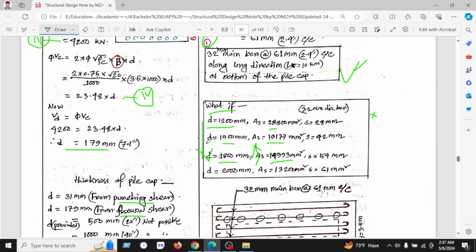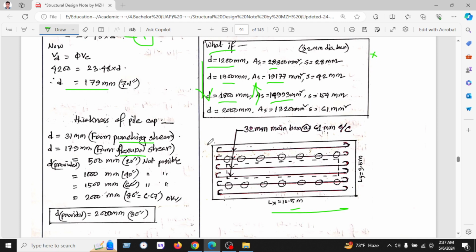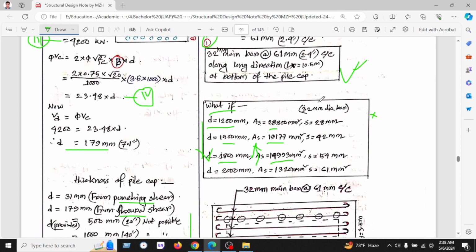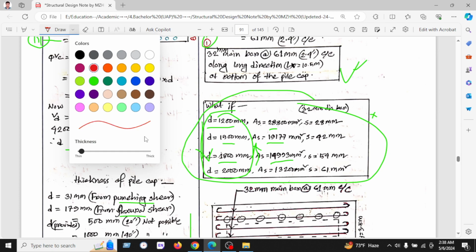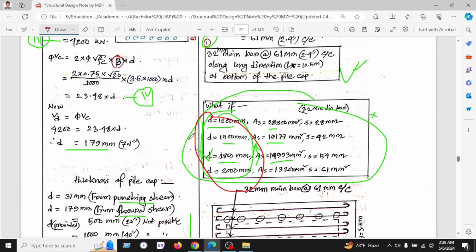I have already analyzed why we have changed the depth of the pile cap. Because of this analysis, if we increase the depth, then our reinforcement will be decreased, and in the same way spacing will be increased.